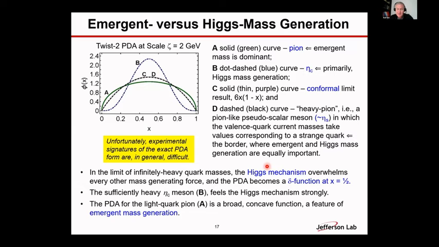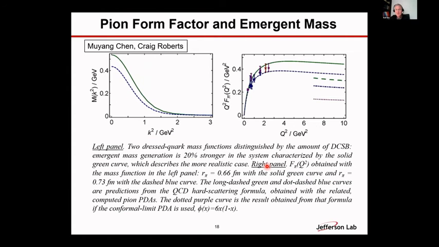Unfortunately, experimental determinations of the exact PDA form are in general difficult. So all we can do is measure observables which have this PDA embedded in them, and then try to derive information out of those observables to get insight. Now, people have tried to show this is not science fiction. This is a self-consistent calculation.